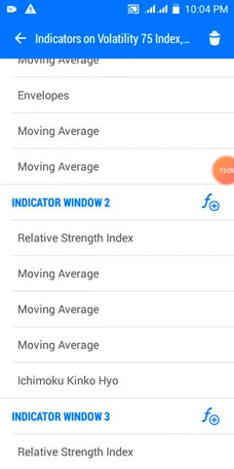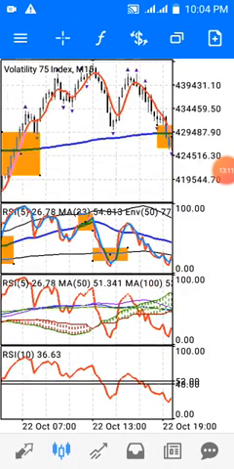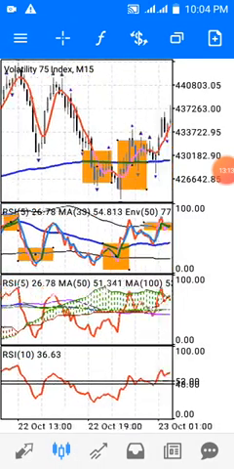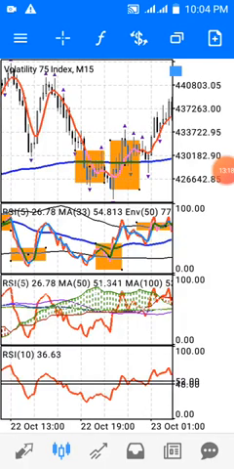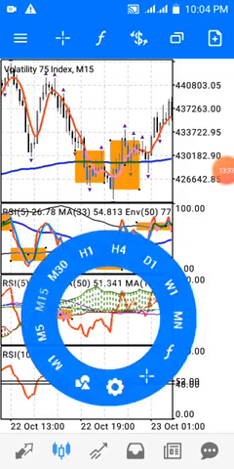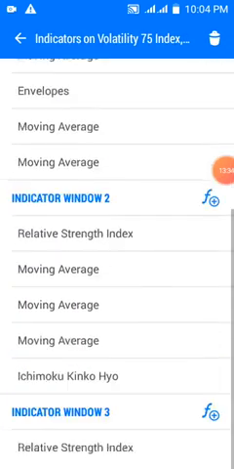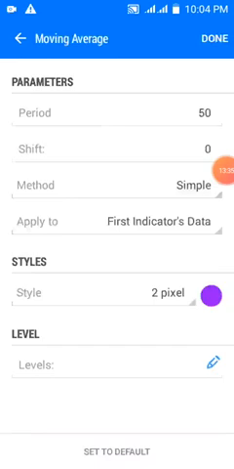Now let's go to the chart and see the way it works. Okay, so this is a simple one. When the red line crosses down below both the horizontal moving averages and the Ichimoku, you have a sell. Like you have a cross down around here.